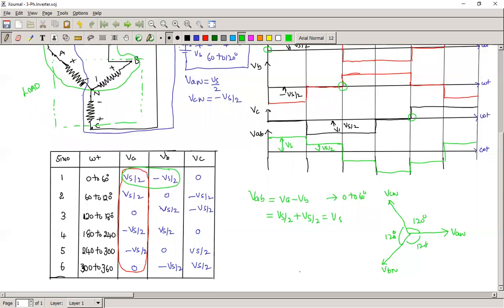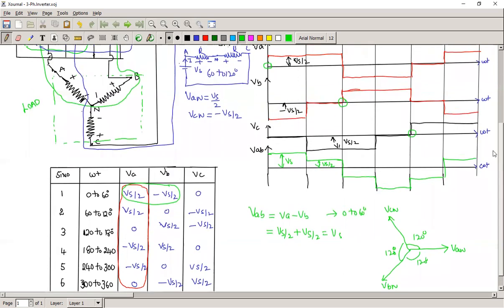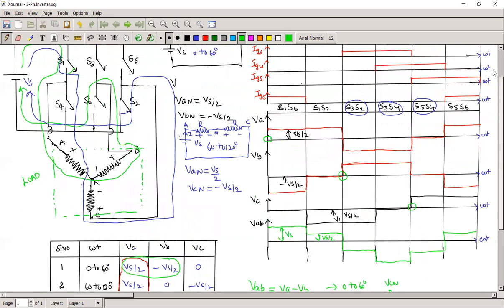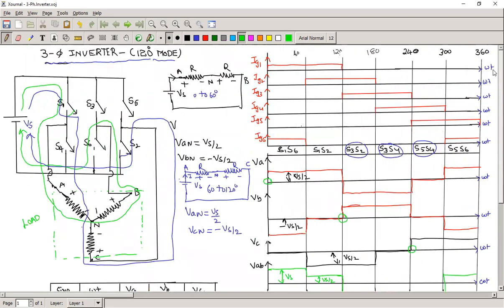So whatever voltage is generated from this operation of the circuit is a three-phase voltage. This is the circuit operation for the three-phase inverter with the 140 degrees mode of operation. But here you have to remember that once a switch is on, it has to conduct 140 degrees within the 360 degrees.